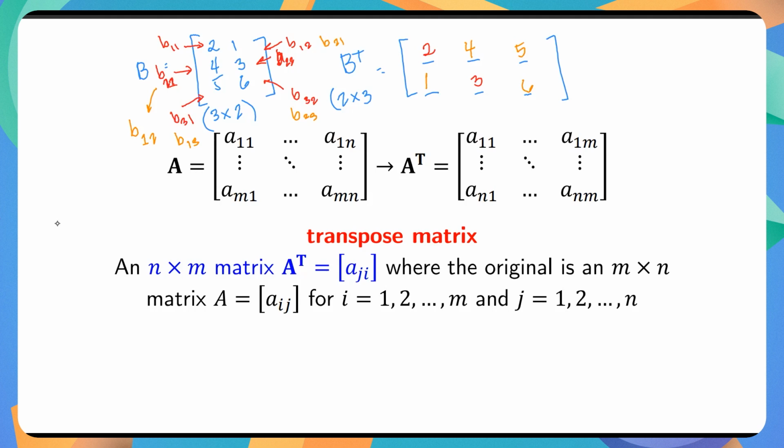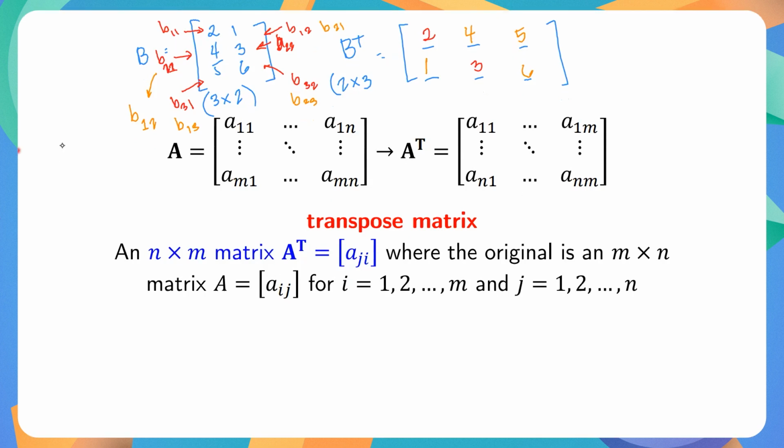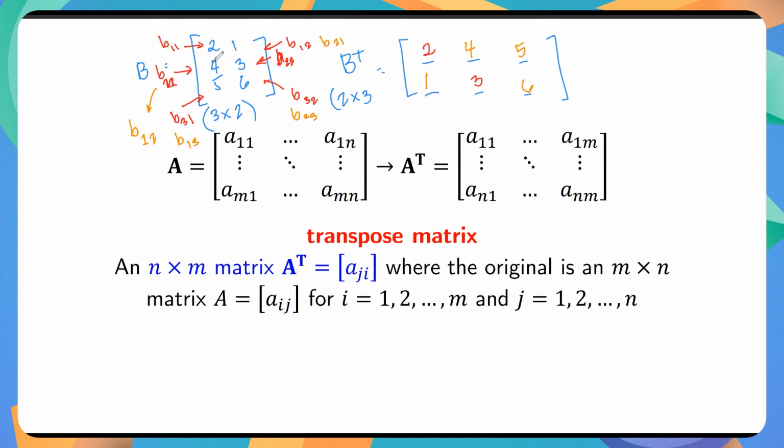So notice that in here, 4 and 1 swap places. And then another thing you can see is that 5 went over here, and so did 6. So you can think of the transpose of a matrix this way. Let's say you have some matrix over here. Your transpose would look something like this.